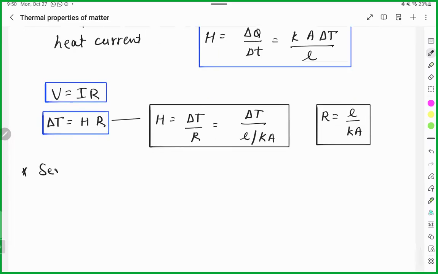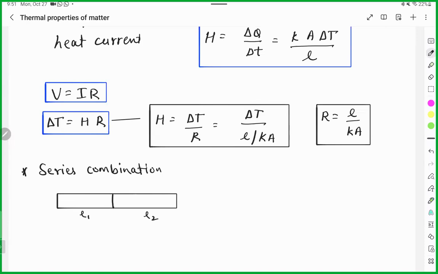Chandana, what happens in case of series combination of thermal conductivity? K is thermal conductivity. If you connect two rods together, what will be the thermal conductivity? So we have to add the resistances. Yes, resistance will be added in the series combination.